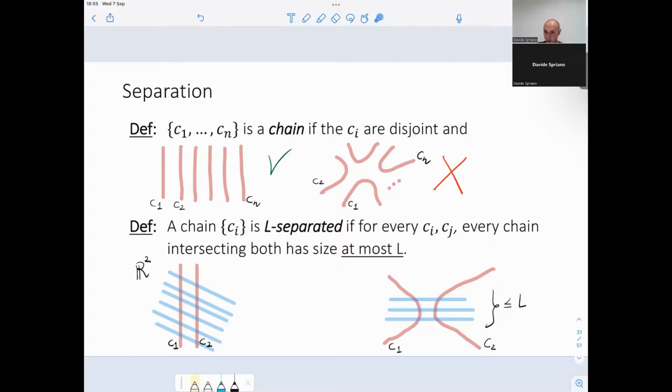Whereas if my space is more hyperbolic, it might happen that my curtains C1 and C2 only go together in some small area such that I can only fit a chain of length L between them.